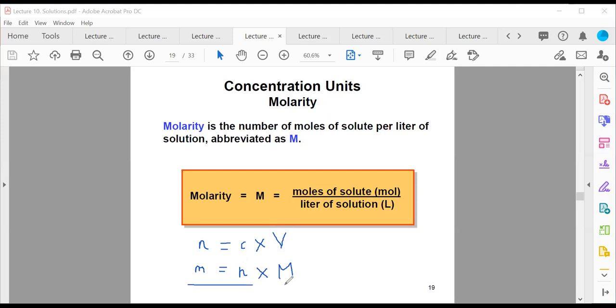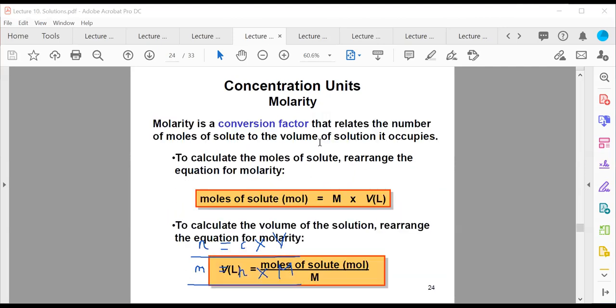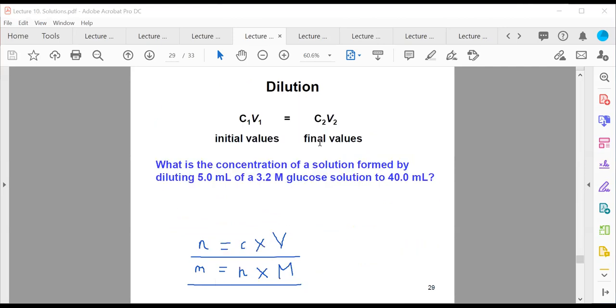So make sure you revise these two and have them handy, unless you've already committed them to memory, that's great. And of course, we can't forget C1V1 equals C2V2. That's another good one to practice and have on hand as well.